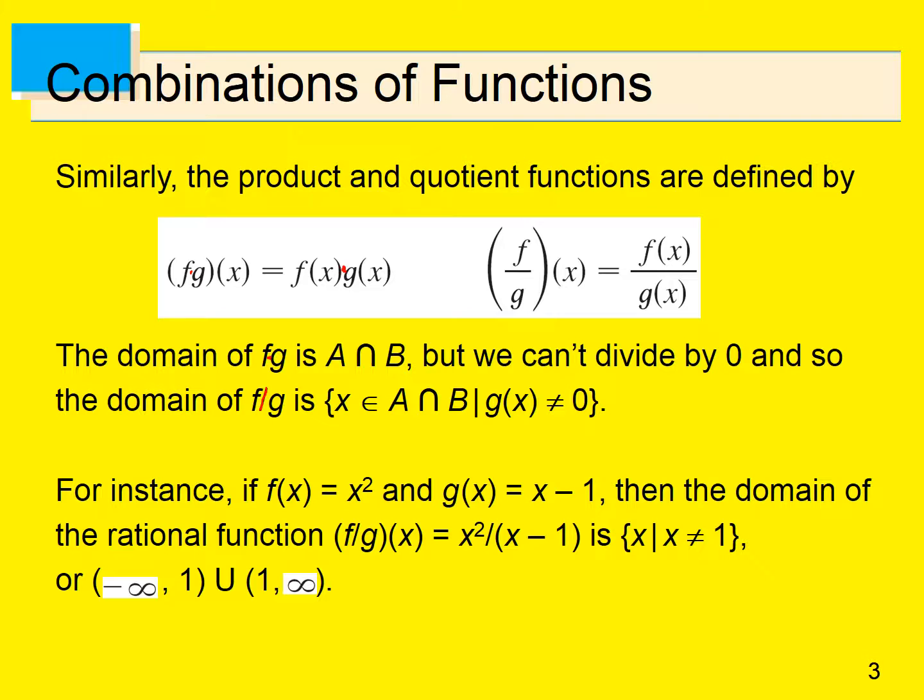So it's things that would be in the intersection, the way you would compute it just for the sum, difference, or product functions. But then there's that extra thing, any x value that makes g of x 0, that can't be included either. That has to get thrown out of the domain of f over g.